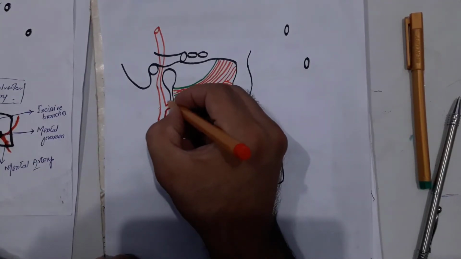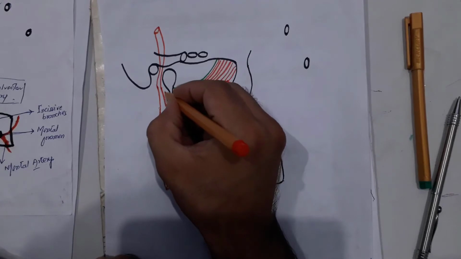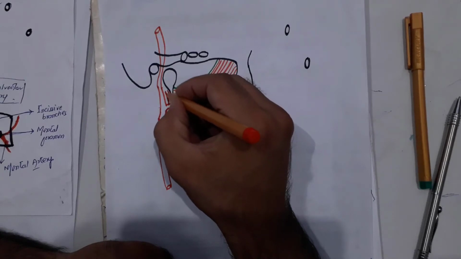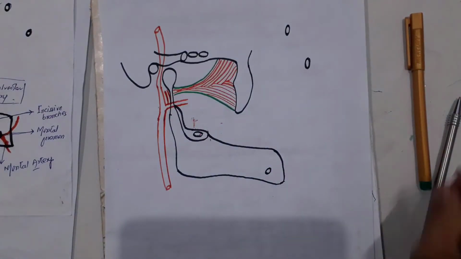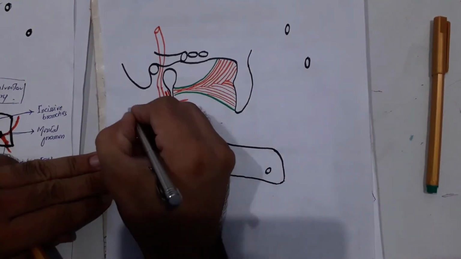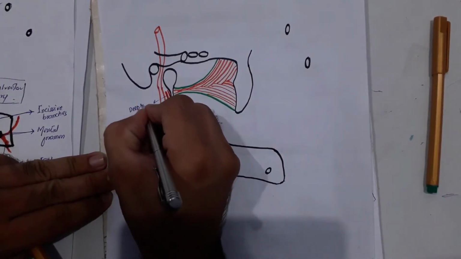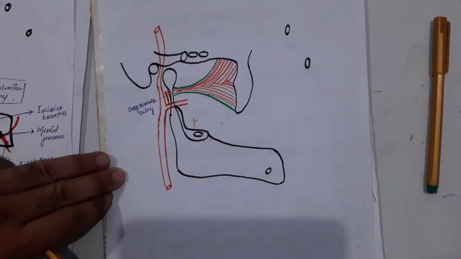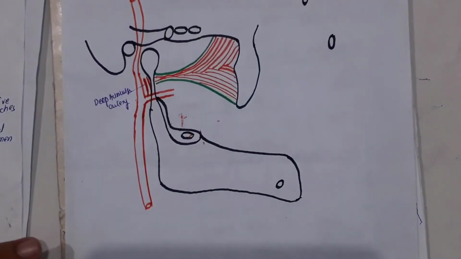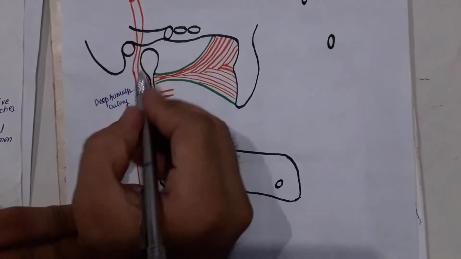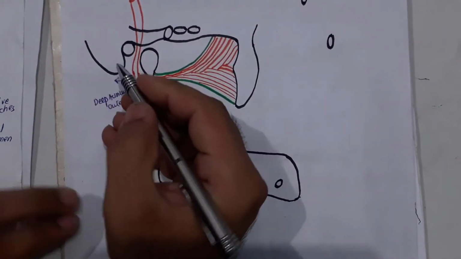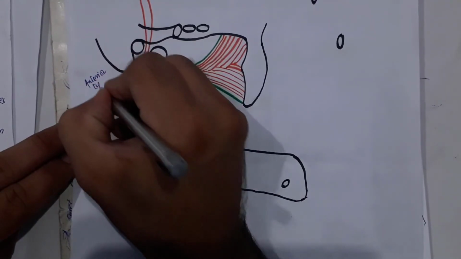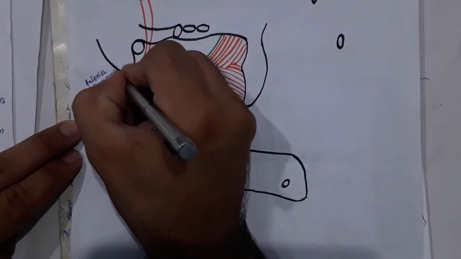From here, friends, there was a very small artery arising. This first artery was the deep auricular artery. Okay, let me zoom in a little. Then there was the second branch, called the anterior tympanic artery.